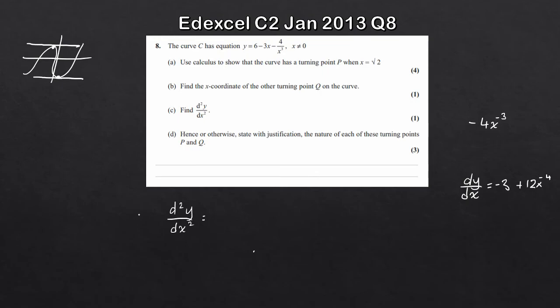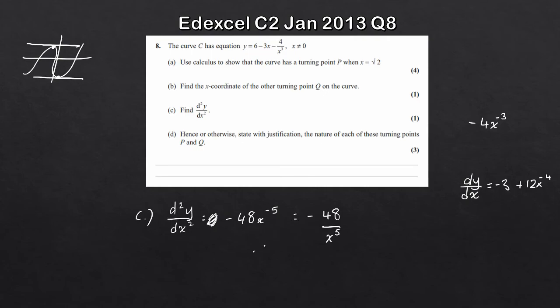So part C, minus 3, differentiate that, it's just a constant, goes to 0, so we won't bother writing that. And then 12x to the minus 4, so 12 times minus 4, that would be minus 48x, subtract 1 off your power to the minus 5, which is just the same as minus 48 over x to the 5.